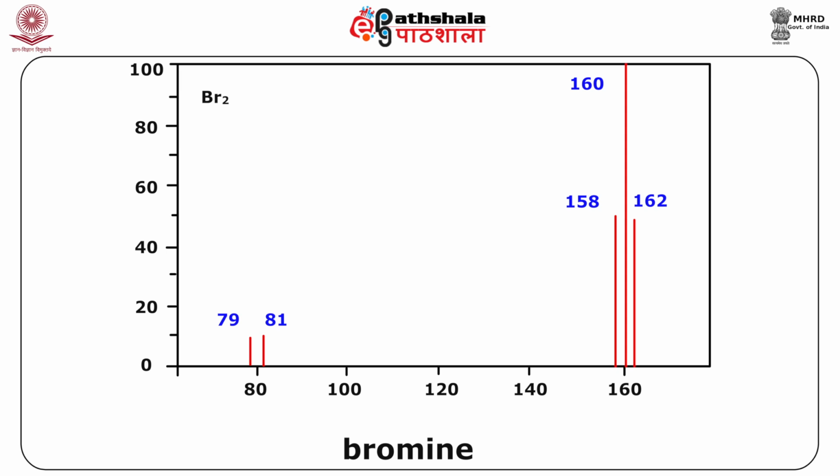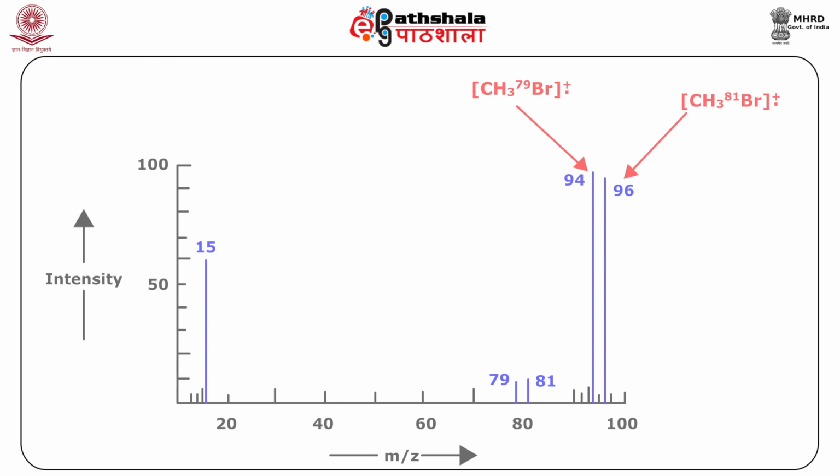Now, fragmentation of bromine to a bromine cation then gives rise to equally sized peaks at 79 and 81 AMU. You can see this in this figure, what I have already stated. The mass spectrum of bromomethane contains 2 peaks of equal intensity, 1:1, for CH3-79Br and CH3-81Br.